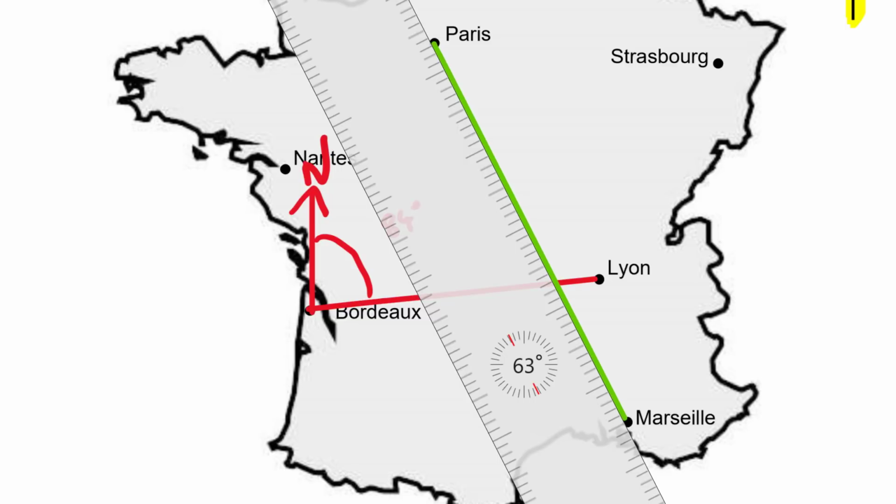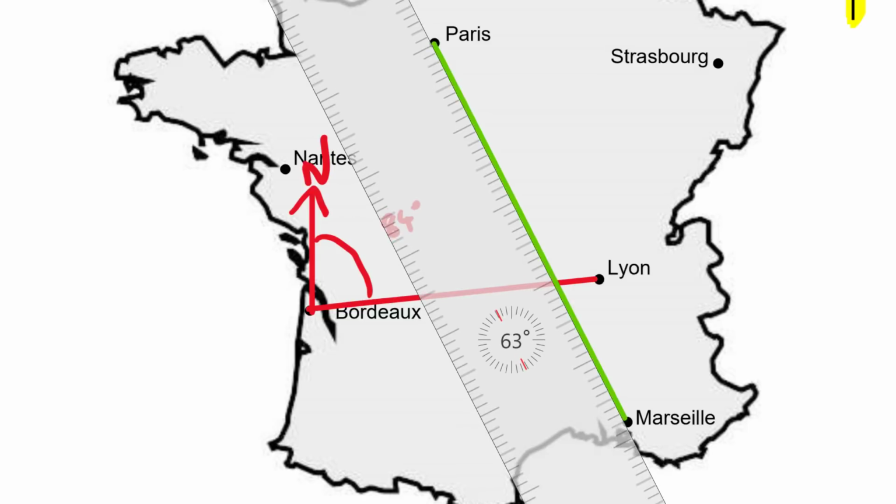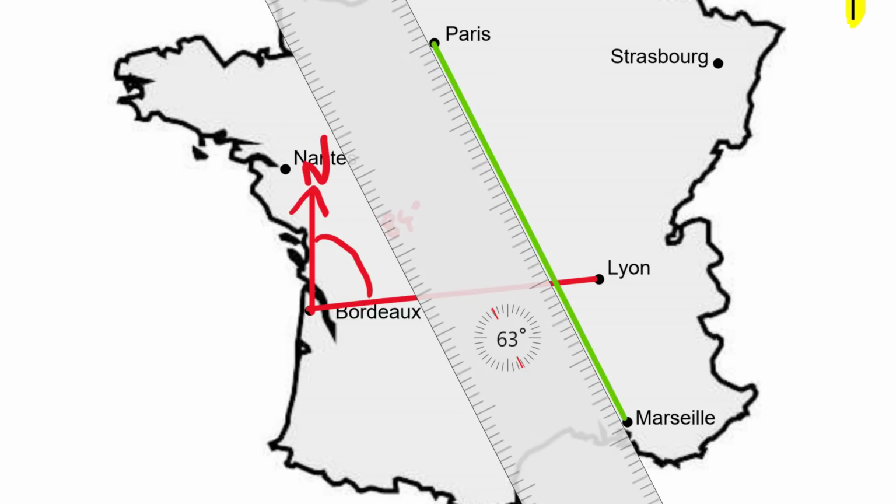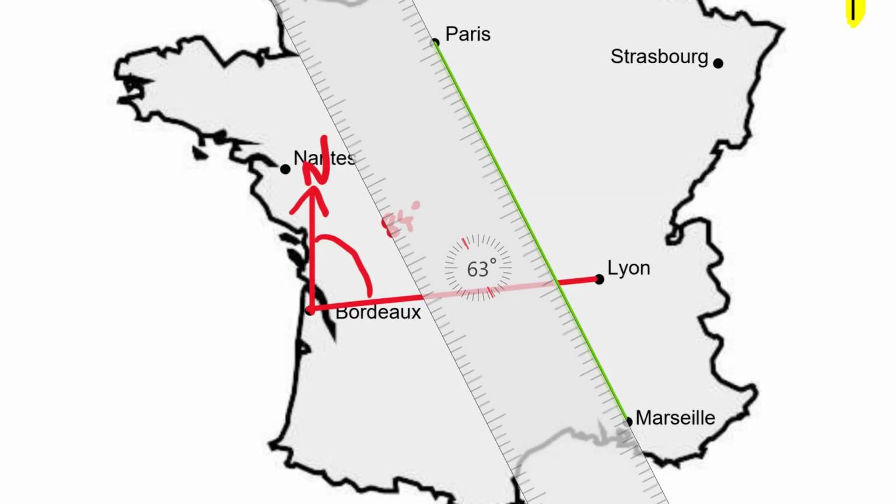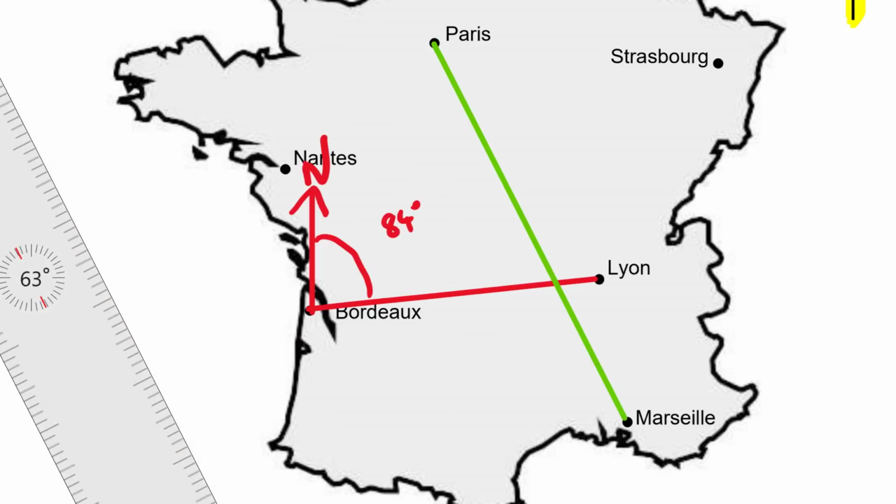Now with your ruler, you're just then going to measure that carefully. Count the number of centimeters between Paris and Marseille. Now again, because I'm using an emulated ruler here, I'm not going to be able to accurately measure it to show you, but if I did get a ruler out, I think it is around about 8.2 centimeters.